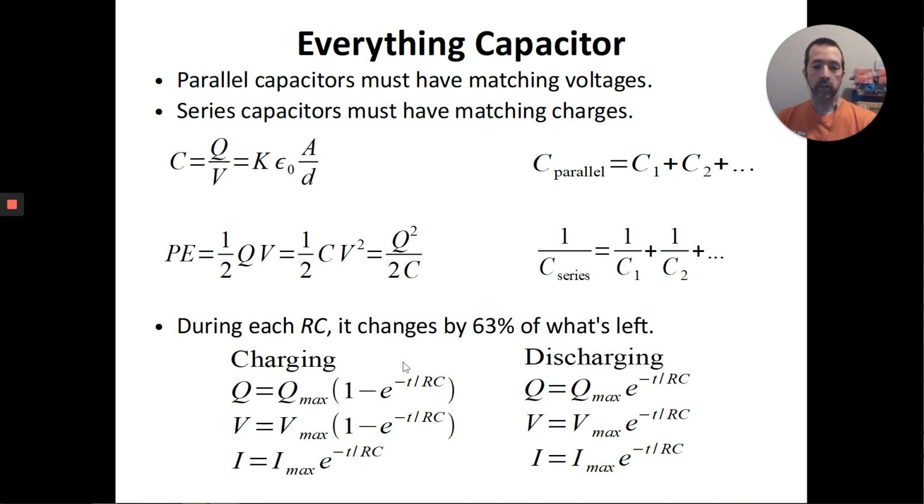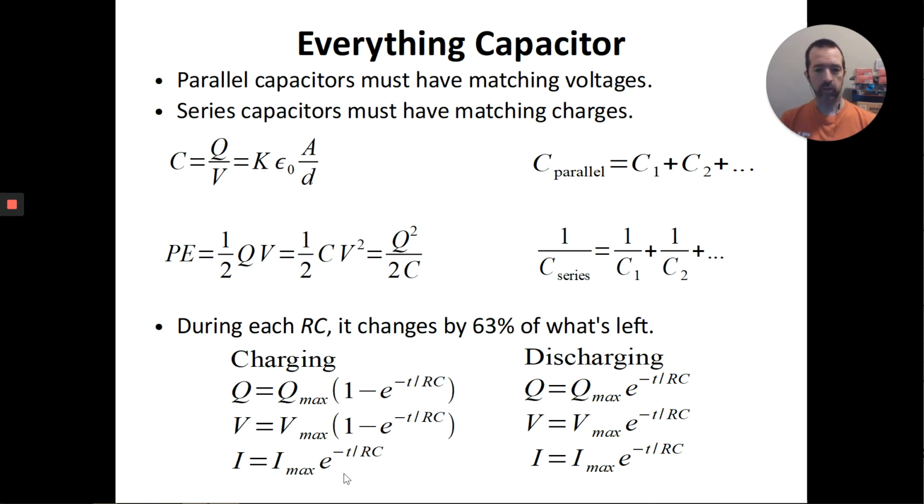The charging and discharging process both involve an exponential function with an asymptote. Those are the functions for them. If you see something with a 1 minus e, that's a growth. And if you see just the e, that's a decay. The current always decays because you can't send current for an infinite amount of time.